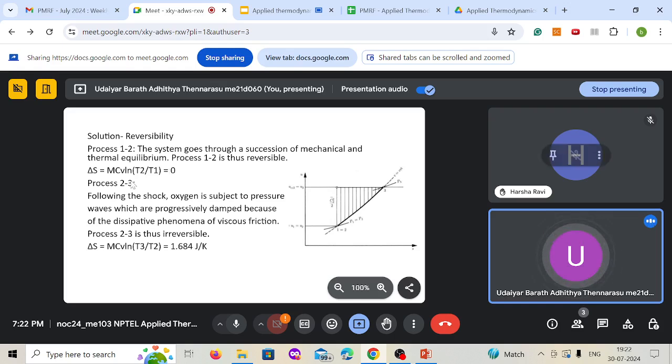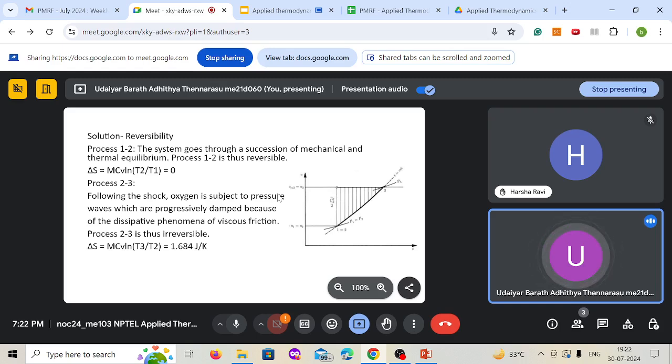The second process, 2 to 3, came to an abrupt stop. Following the shock, oxygen is subjected to pressure waves which are progressively dampened because of dissipative phenomena such as friction. You suddenly stop and you feel a jerk, right? When you suddenly brake a car, you feel that jerk.